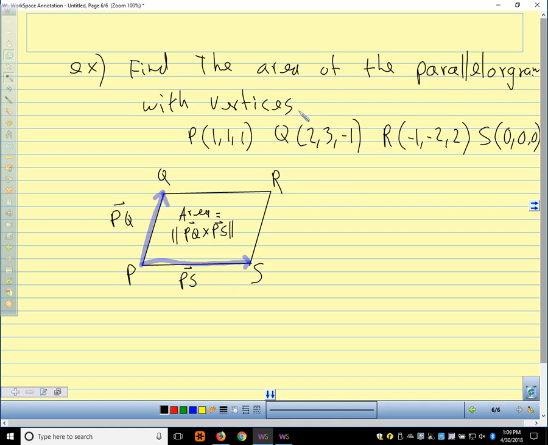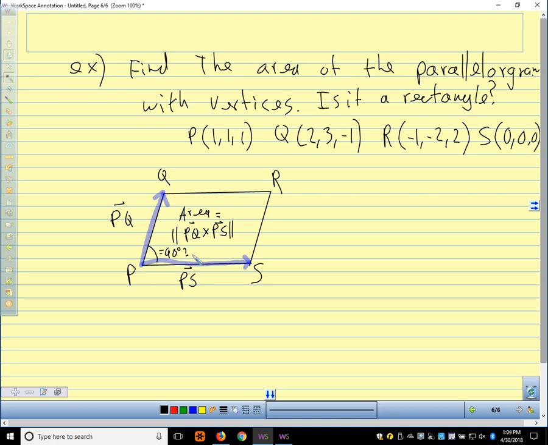What if the problem then asked, is it a rectangle? You have to find out if it's 90 degrees. Right, we need to figure out if this angle is 90 degrees. How would we do that? Dot product.